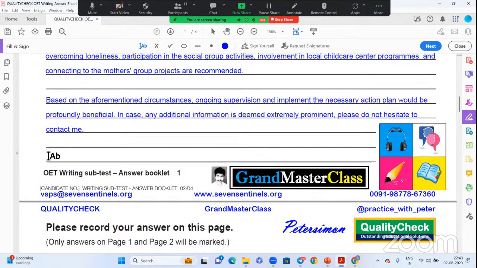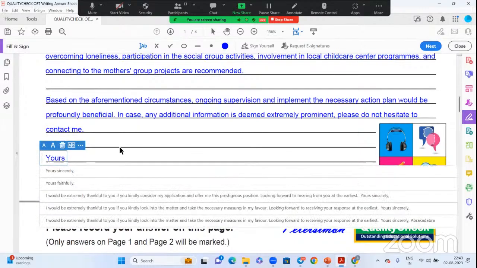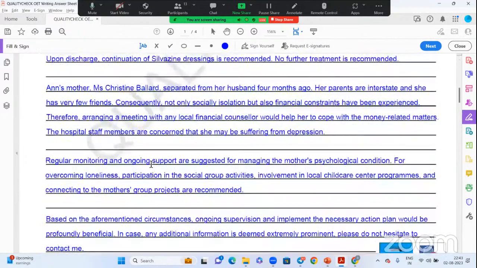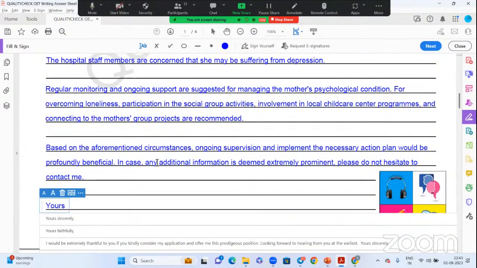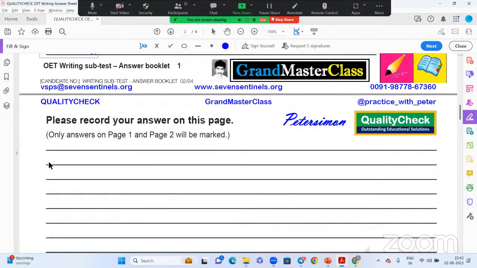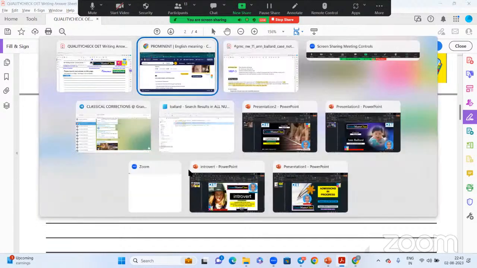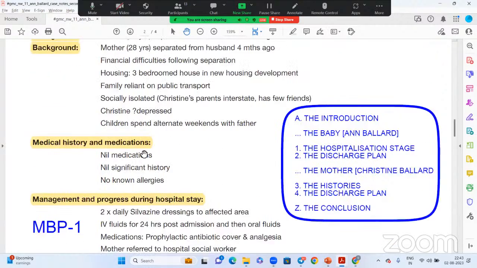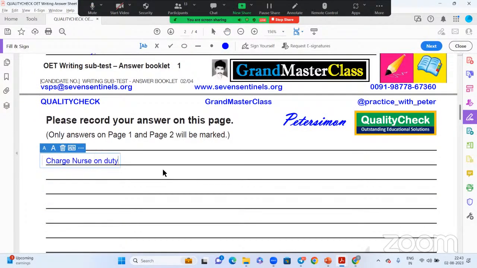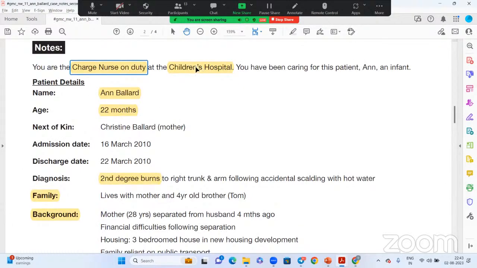Next, here, last. Now, what is the address you have written? Nurse, maternal and child. So, yours faithfully. Who is writing here? Charge nurse on duty. Inpatient ward.